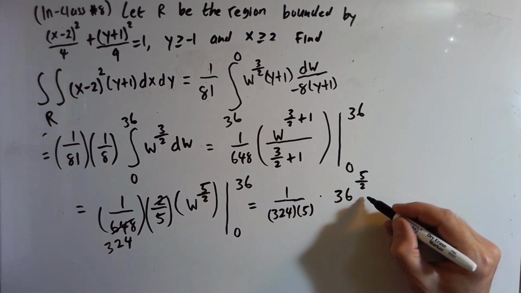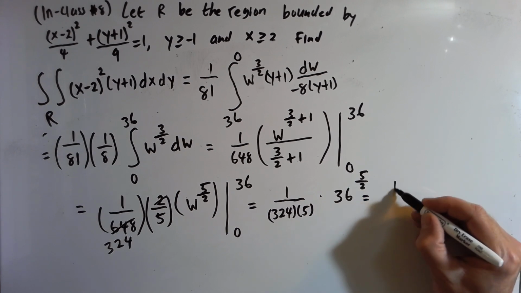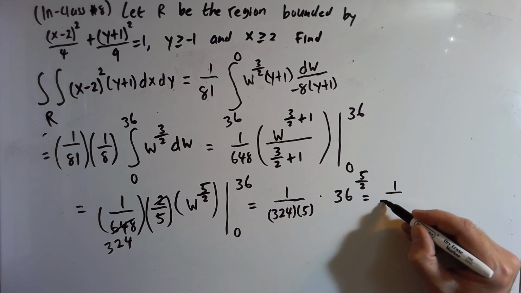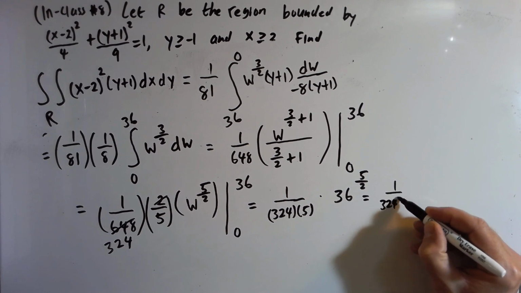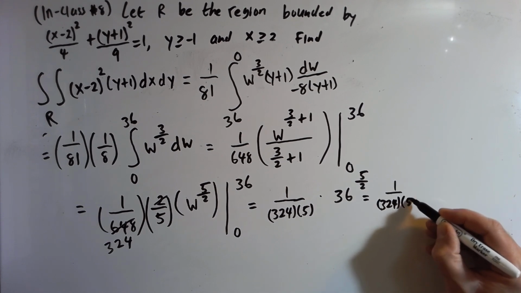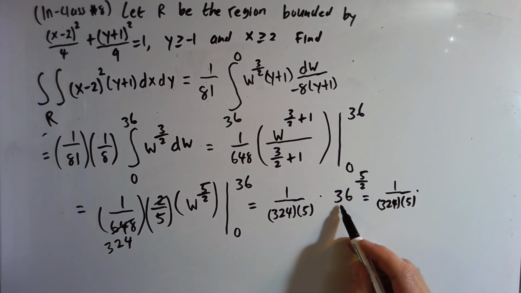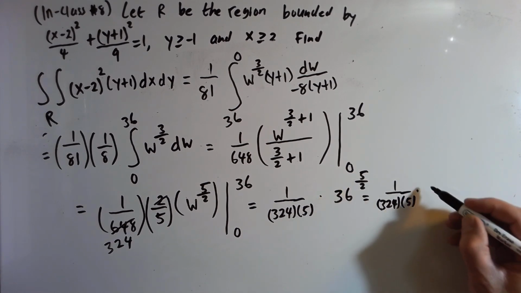Okay, so that's going to be then 1 over 324 times 5. 36 to the 5/2 means square root of 36 to the 5th, so it'll be 6 to the 5th.